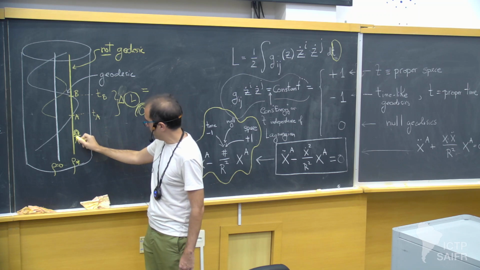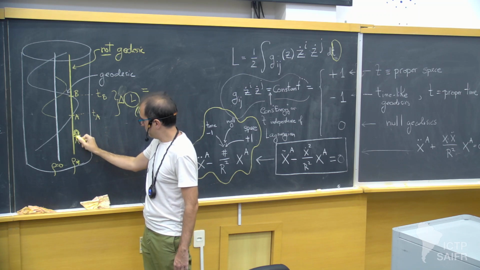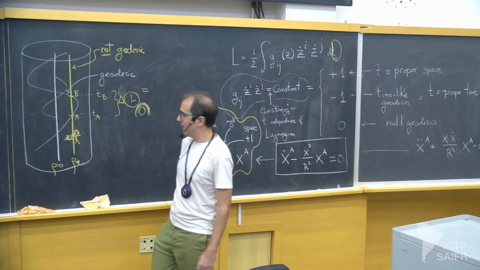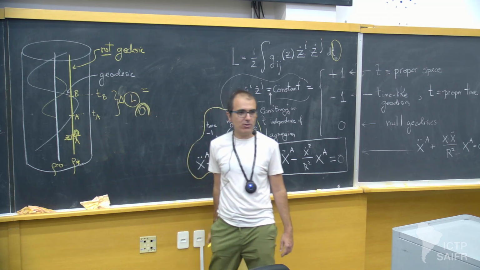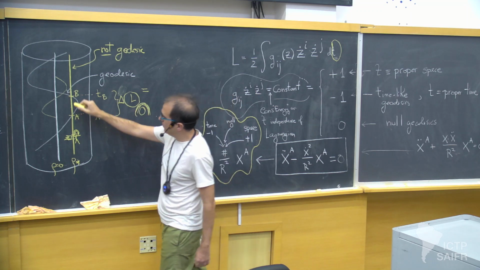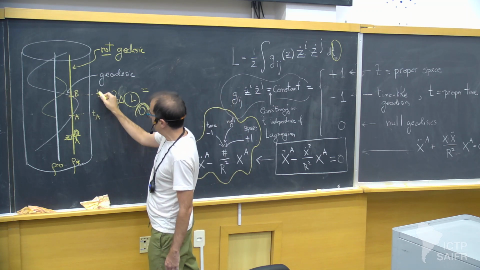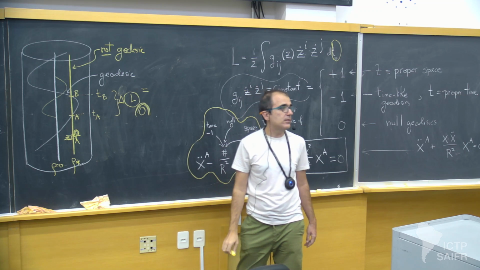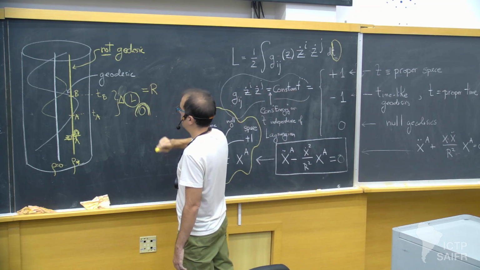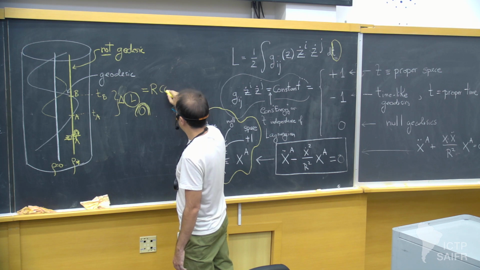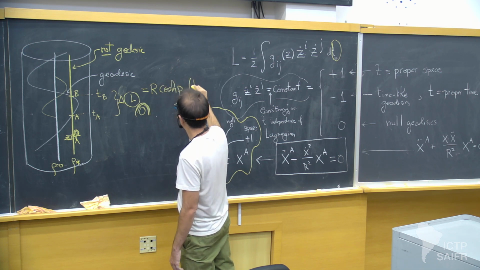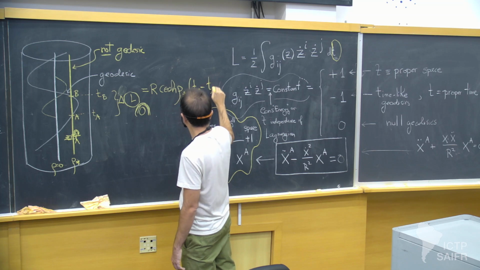By the way, this observer, like I said, she needs to have some jets, right? So that she's not falling towards the middle. So what time does she observe between this point and this point if this is TA and this is TB? So R cosh of rho star times TB minus TA.